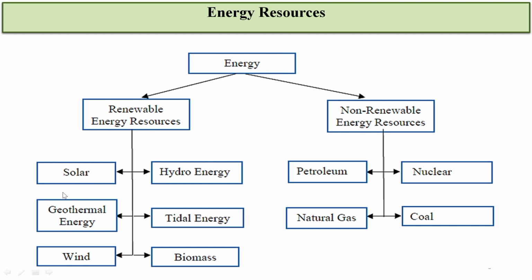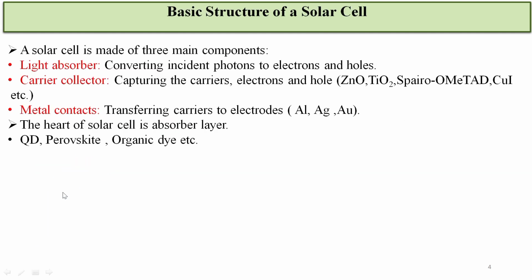So let's start our presentation. So the solar energy, we use solar energy through a device known as a solar cell. So the basic structure of solar cell is made up of three components. That is the light absorber, carrier collector and metal contact. So the light absorber converts the incident photon to an electron and a hole, while the carrier collector captures the carriers, that is the electron and hole.